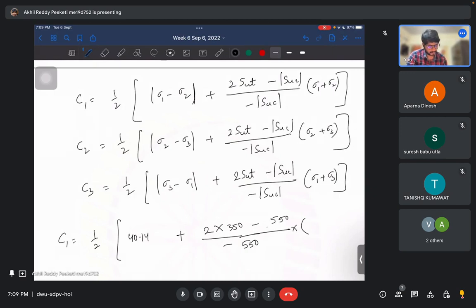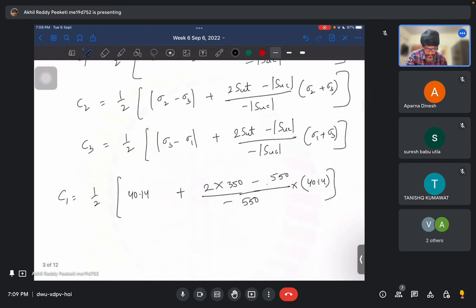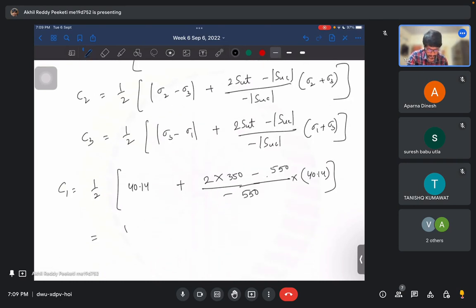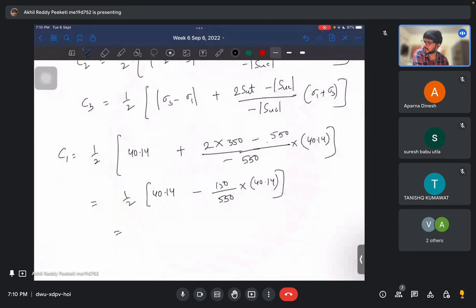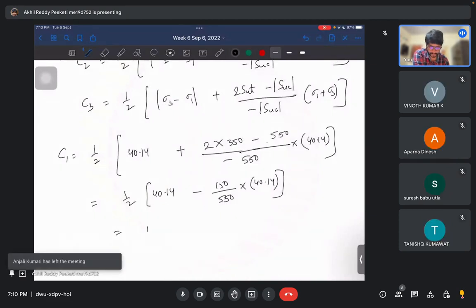Here sigma 2 is 0, so sigma 1 is this only. So this becomes half into 40.14 plus 350 into 700 minus 550, so the top is 150, and here we have a minus, into 40.14. This will finally give us 14.6.